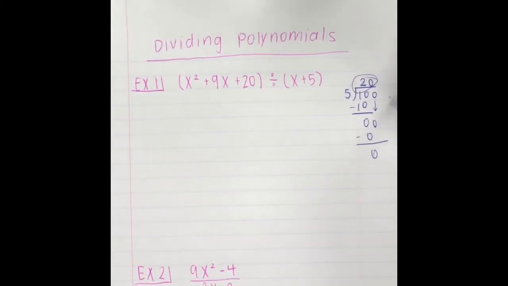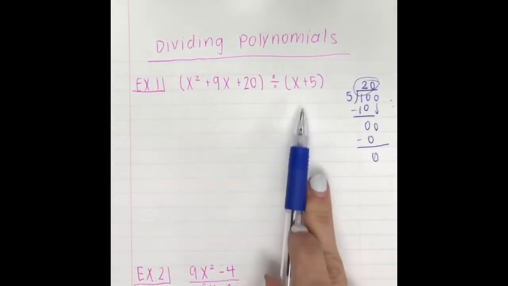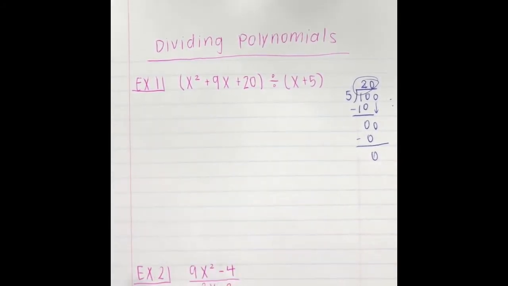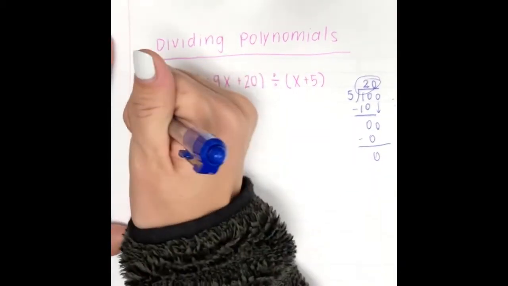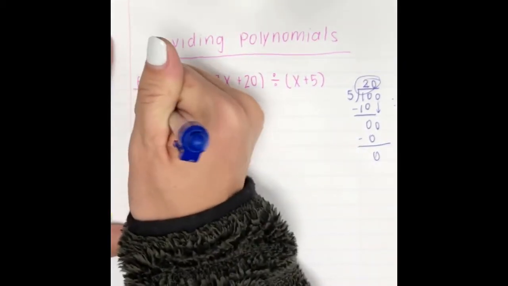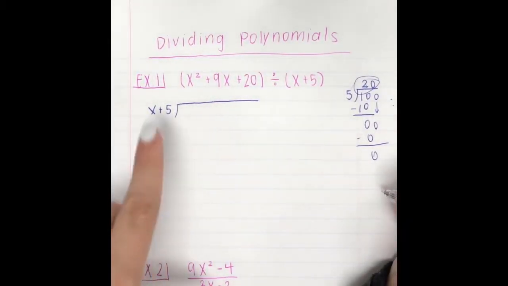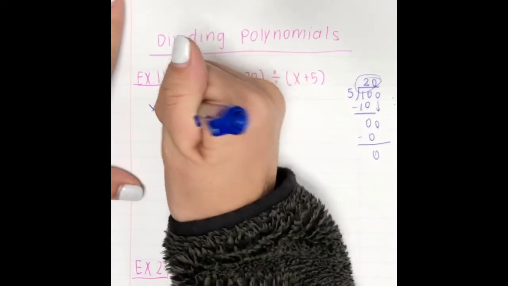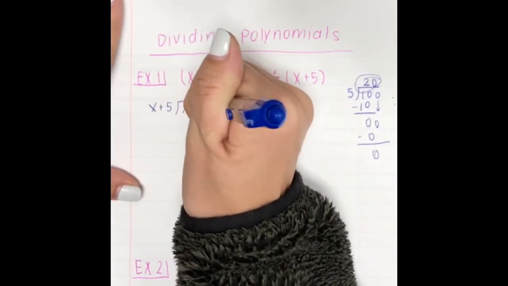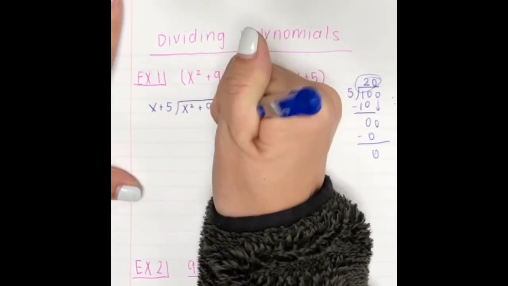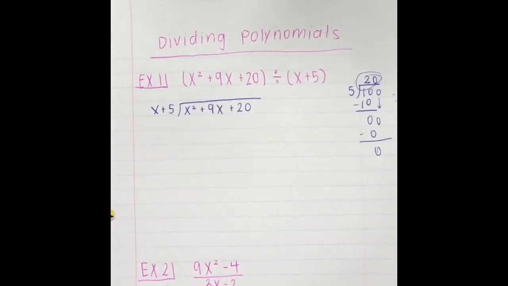This is what we're gonna do. Same idea, but with our polynomials, okay? So we're gonna set it up the same. I'm gonna put x plus 5 on the outside over here. And then we're dividing it into x squared plus 9x plus 20, okay?